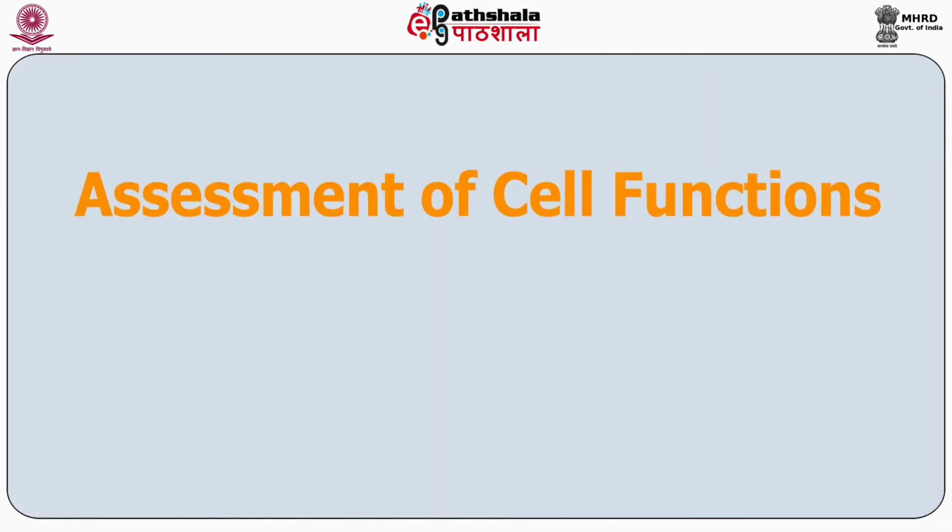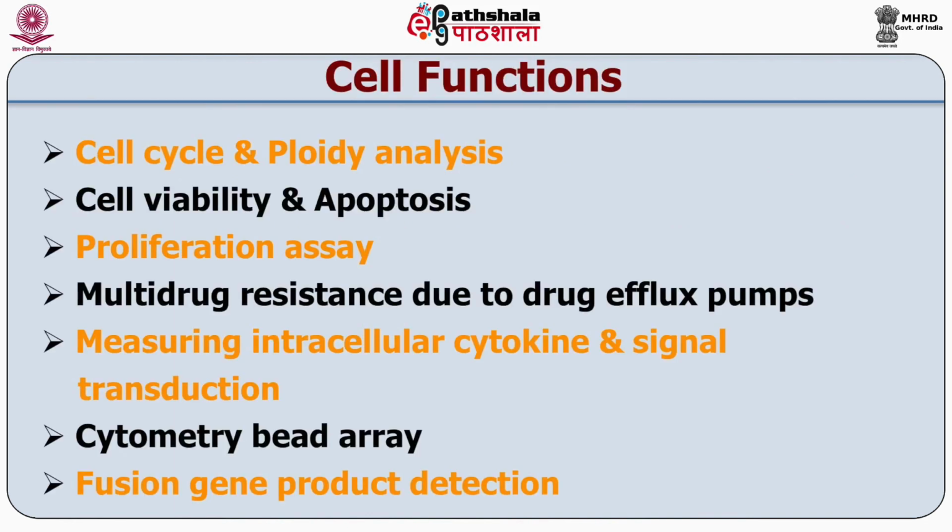Now we will discuss the next set of applications of flow cytometry, where the utility of assessment of cellular function is highlighted. These applications include the analysis of cell cycle and ploidy, the cell viability and apoptosis, the proliferation assays to determine the proliferation fraction of cells or the proliferating ability of the cells.